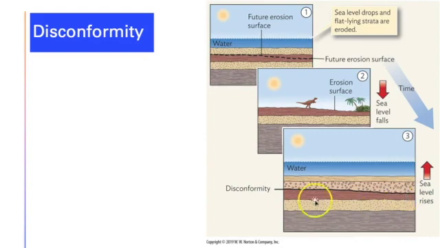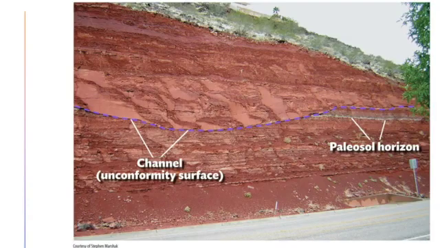Disconformities can be the most challenging to notice in nature because the rock layers are tilting more or less the same above and below the unconformity. Let's look at one in real life here so you can see an example of this. Here we have horizontal strata that has been eroded, and we can see that with this subtle change here, which I highlighted with the purple.